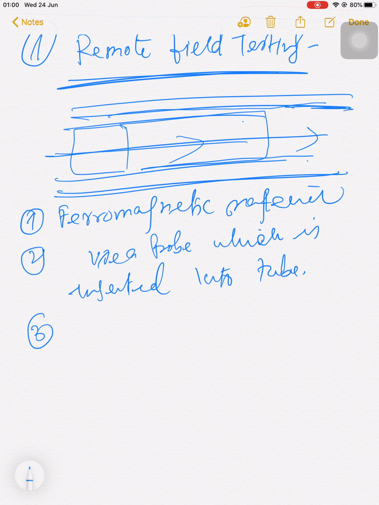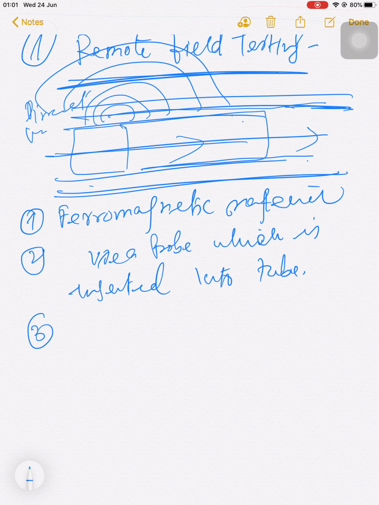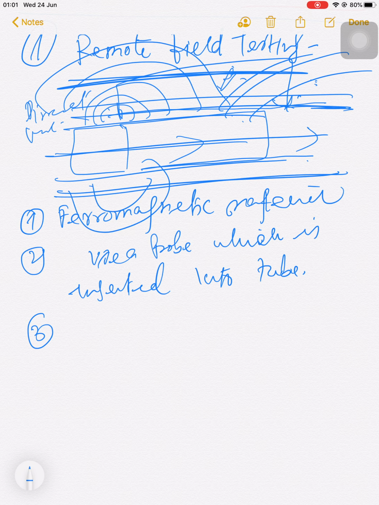And how does it create the magnetic field? If you see, they behave like this. So this is the direct field, and it goes like this. This is the transition zone, and these are the magnetic flux lines working in both areas.